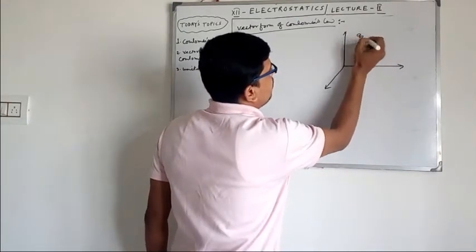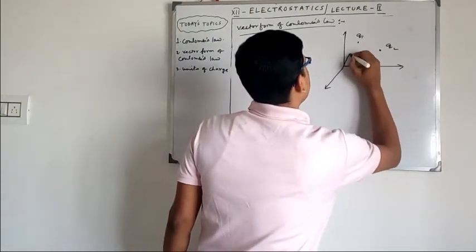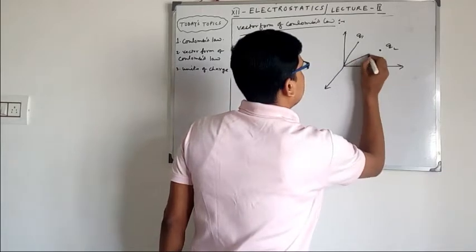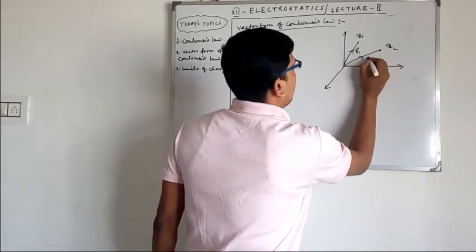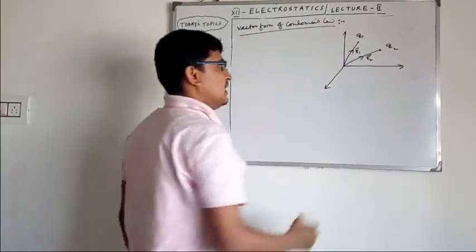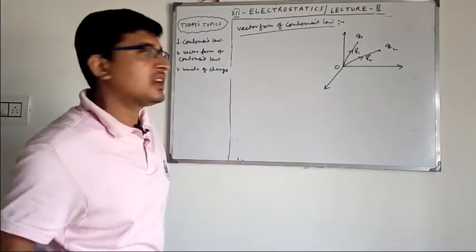And these are the two point charged particles q1 and q2, and the position vectors of these two point charged particles are r1 and r2 respectively, because this is in vector space.